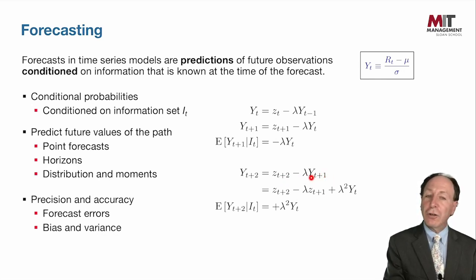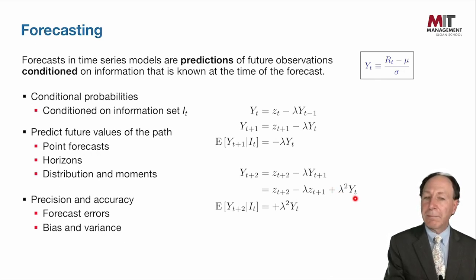Now I'm going to substitute my previous equation for y_{t+1}, and just by substitution, I can now express y_{t+2} as z of t plus 2, which is in the future, minus lambda z_{t+1}, which is also in the future, plus lambda squared times y_t, which is a known quantity.